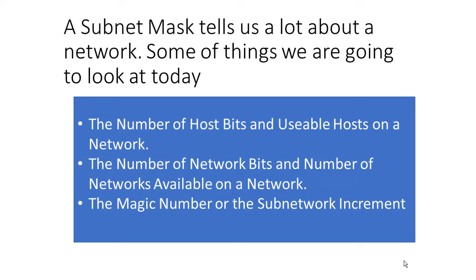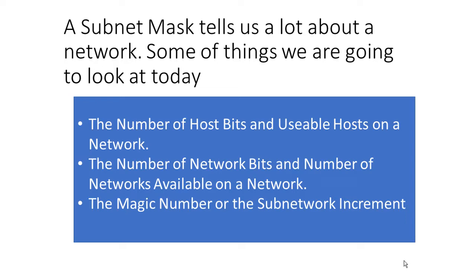So a subnet mask can tell us a lot about the network. The things that we're going to look at in this tutorial specifically is how to use the zeros in the subnet mask to determine the number of usable hosts in a network.